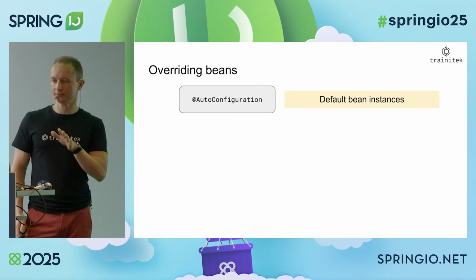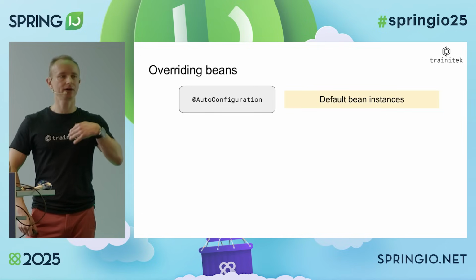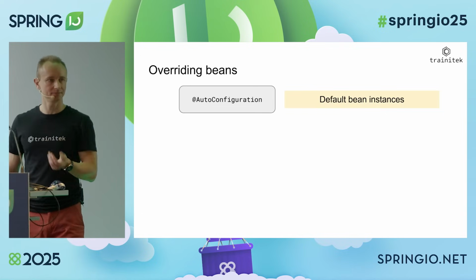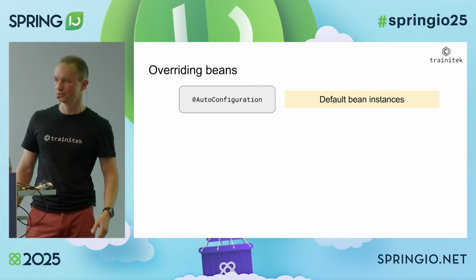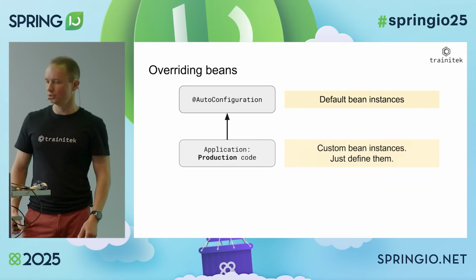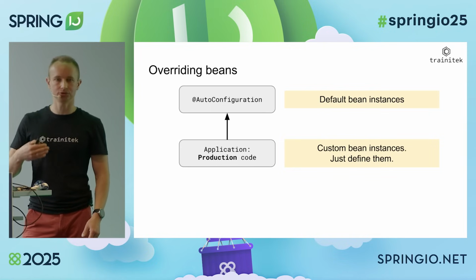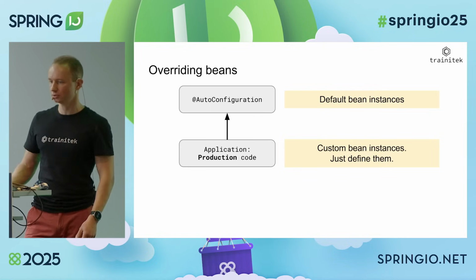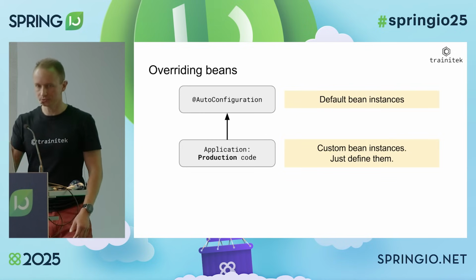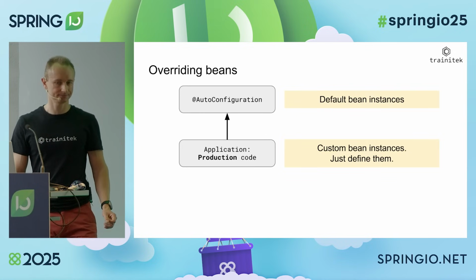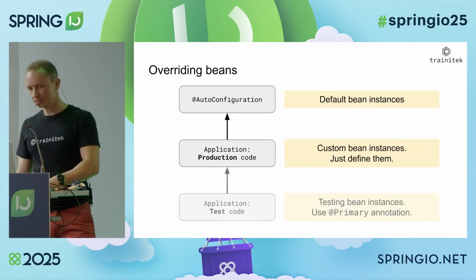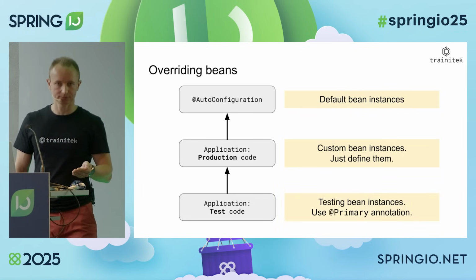The concept of overriding beans is nice to know as well. First of all, we have auto configurations that will provide you default bean instances if you don't declare any beans in your client project. If you declared anything in your application production code, then those instances will be used, not the auto-configured ones. And you have one more level, which is your test code.